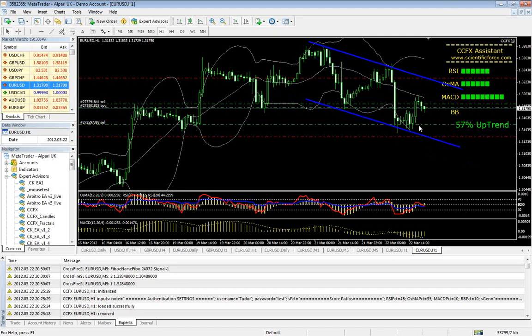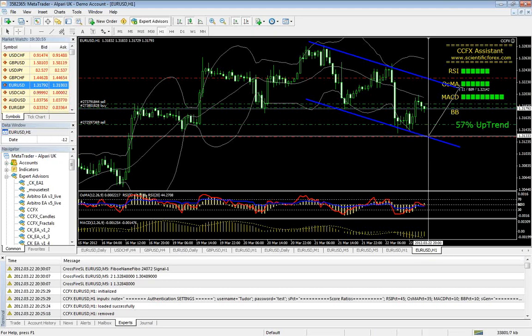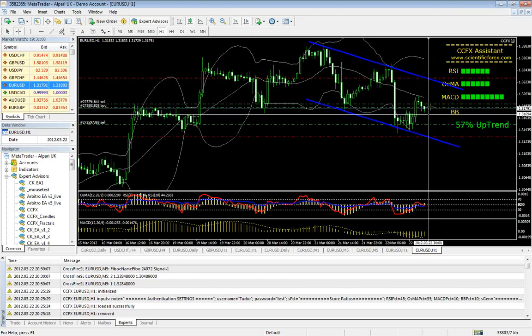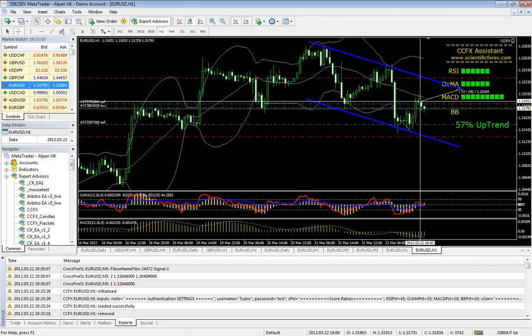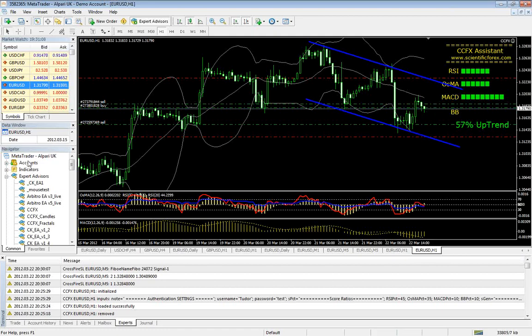So here I just look where the price is. If the price is very close to the channel, then I will better take a buy signal to hit the upper channel line. If the price is in the middle, then it's like 50-50. It will go even here or even here. So it's up to the channels as well.